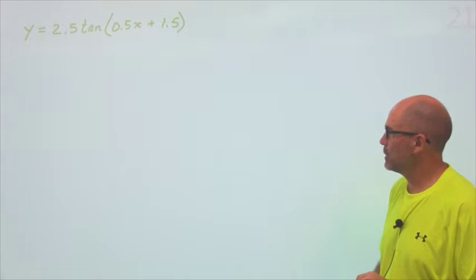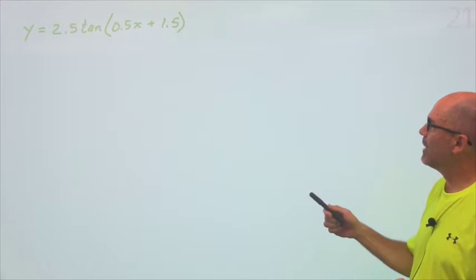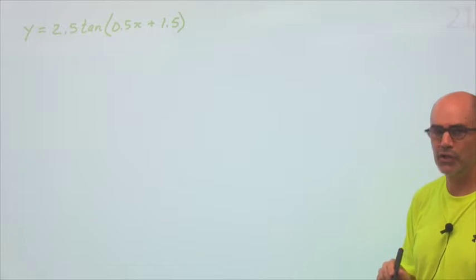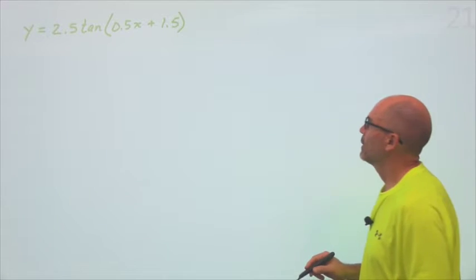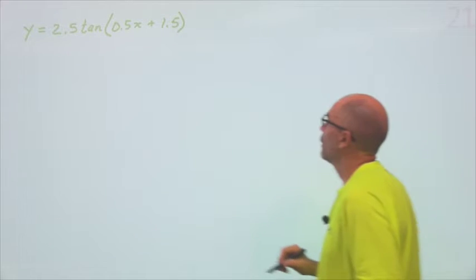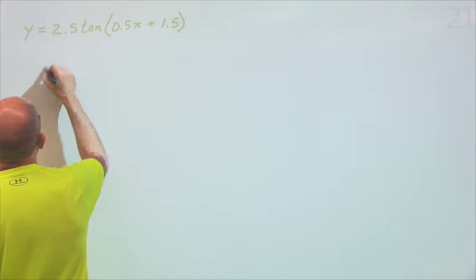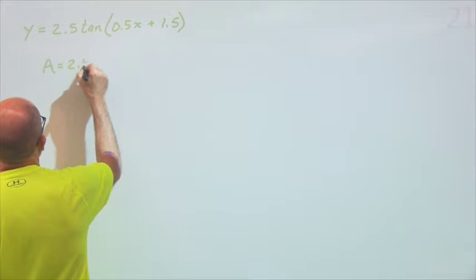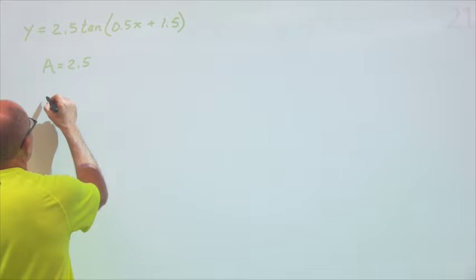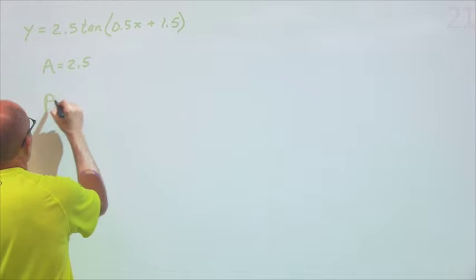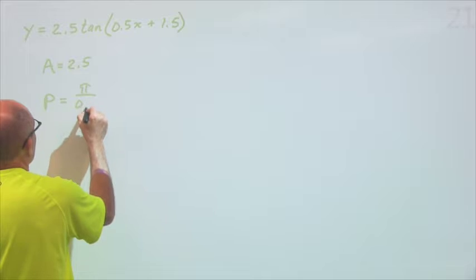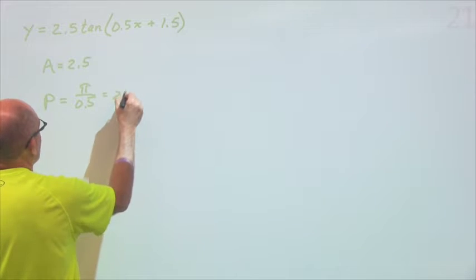Now we have tangent, and the amplitude changes, and we have a horizontal shift. No vertical shift, though. So let's check out all our pieces. So first thing, the amplitude is 2.5, and the period is pi over 0.5, which equals 2 pi.